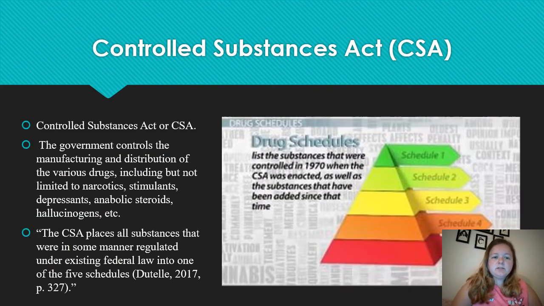The government controls the manufacturing and the distribution of these drugs, so they include narcotics, stimulants, depressants, anabolic steroids, hallucinogens, and they place the substances in 5 schedules to help regulate them.